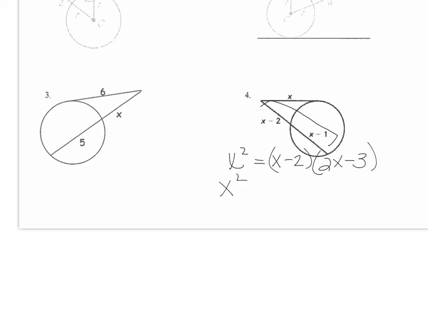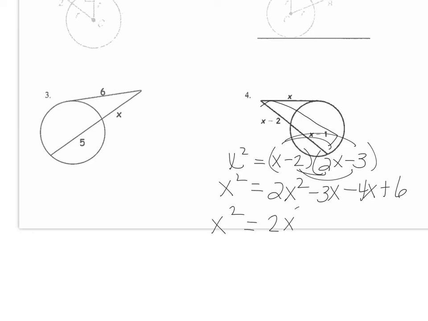So I have x squared equals, well, how do I solve the right side? Double distribute. 2x squared minus 3x minus 4x plus 6. x squared equals 2x squared minus 7x plus 6.